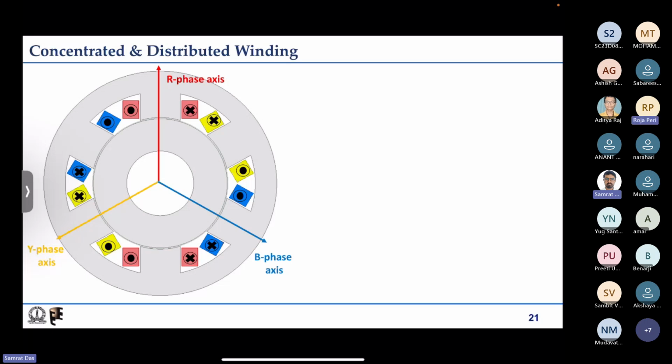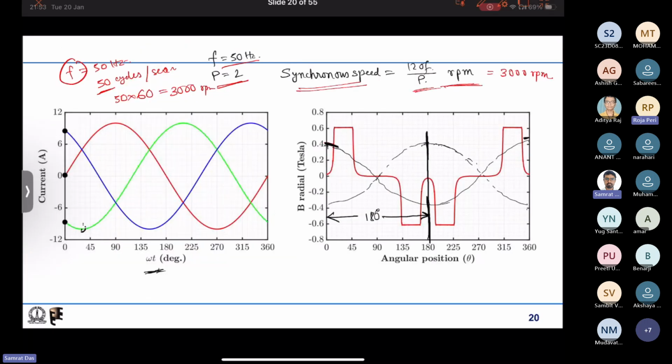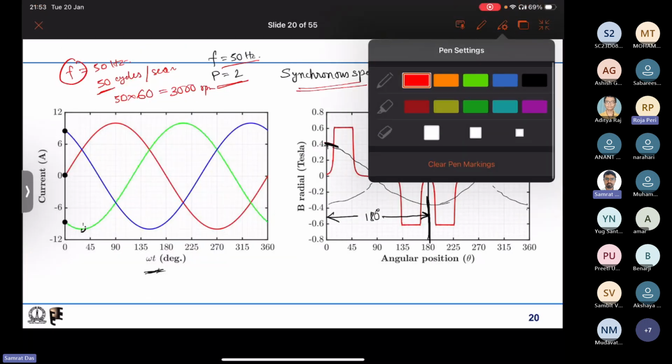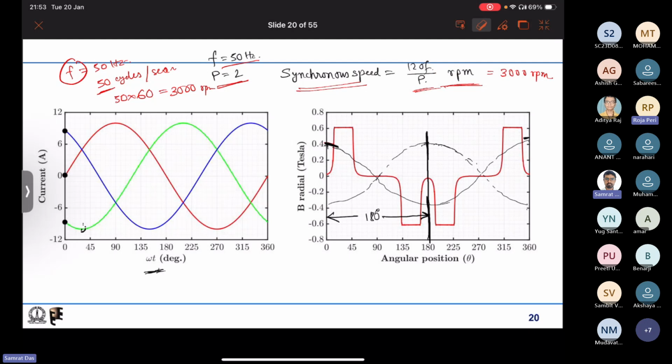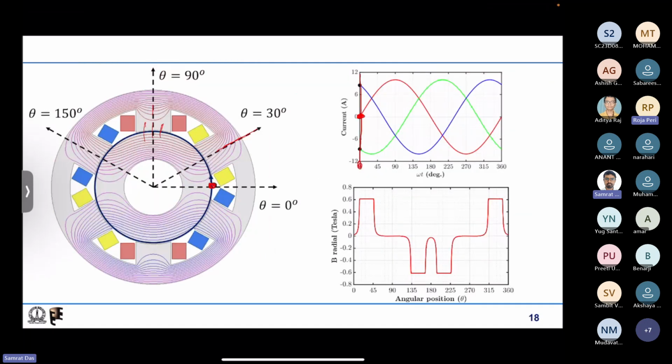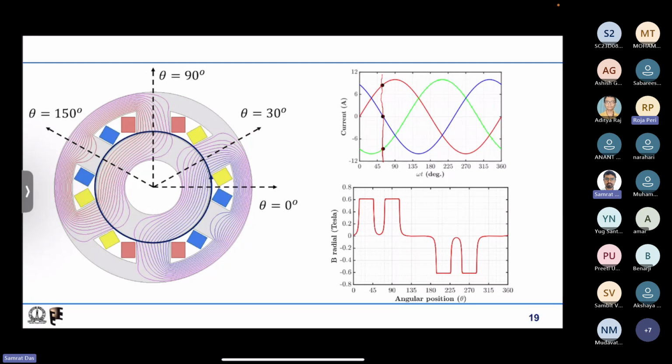Now we'll see one question. In this case, the excitation had three sinusoids time shifted by 120 degrees, right? Suppose it was not 120 degrees shifted, suppose all of them had the same phase or some phase which doesn't make them balanced.